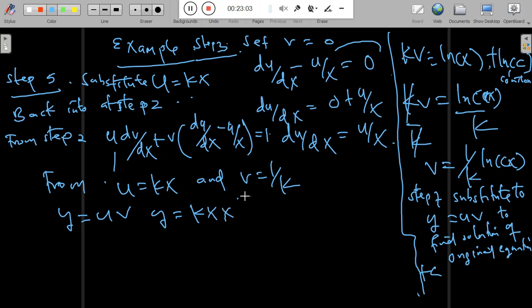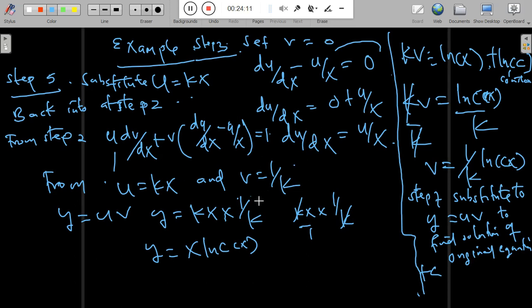So let you plug in the value of u, that is kx, times the value of v, that is 1 over k ln cx. So we take out kx times 1 over k ln cx.